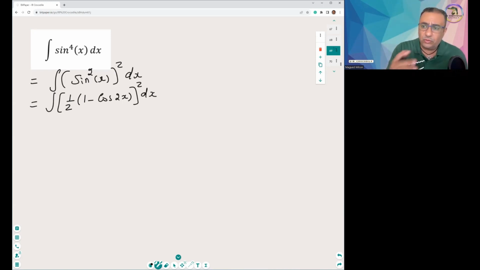1/2 to the power of 2 is basically 1/4. So you can take 1/4 out if you like, and then the integration now is going to be 1 minus cosine 2x all to the power of 2. Now that is a square of a binomial.